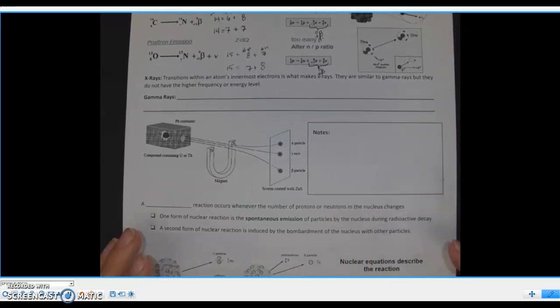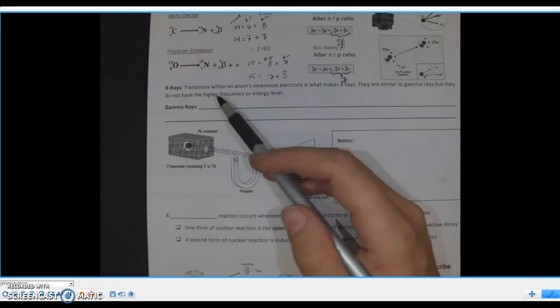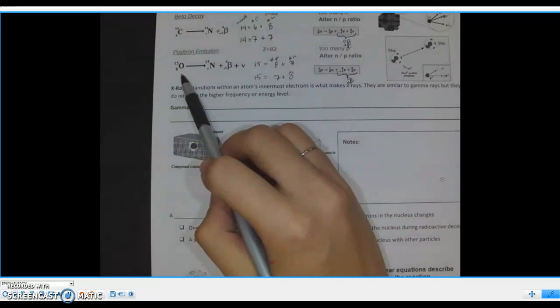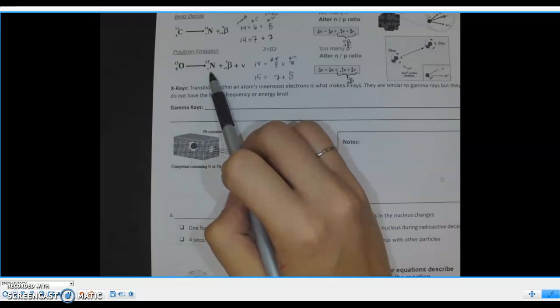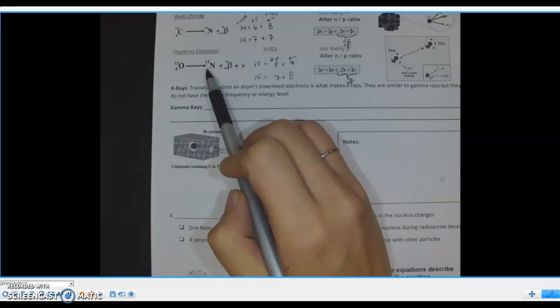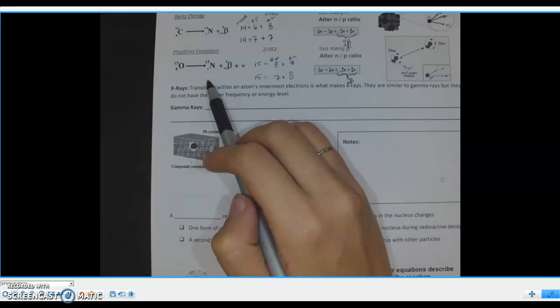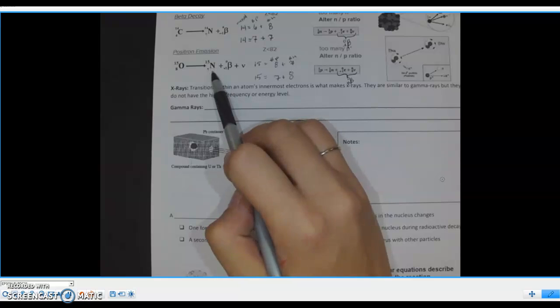Typically, when an atom goes from a parent radioactive isotope to a stable daughter isotope or atom, we are left with electrons for the daughter that are in excited states.